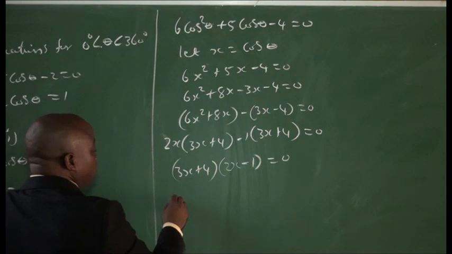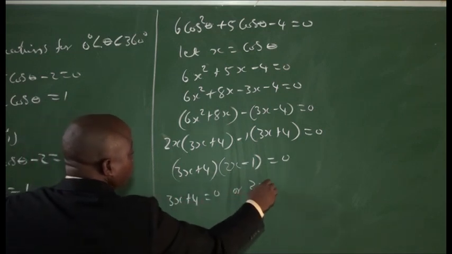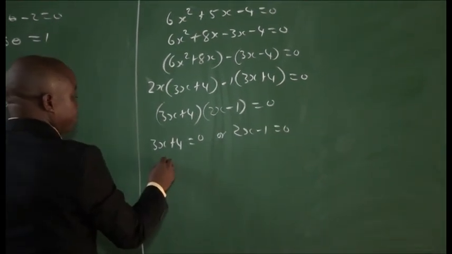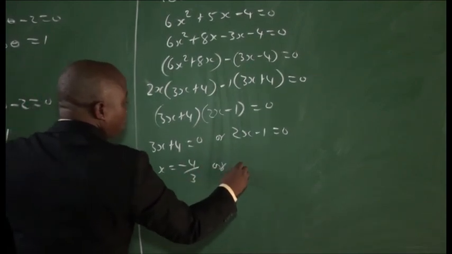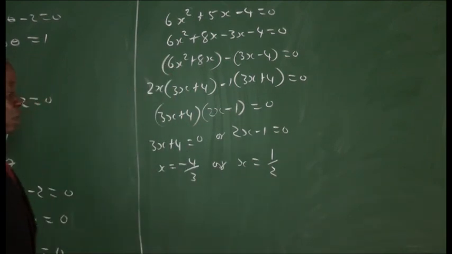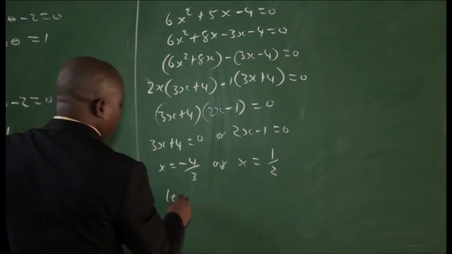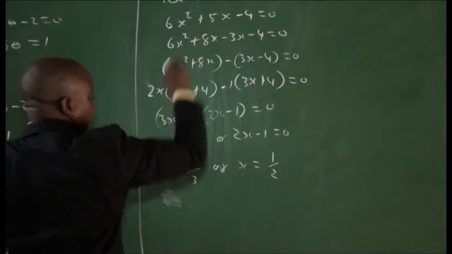All right, so 3x plus 4 equals 0, or 2x minus 1 equals 0, which we can see that x equals minus 4 over 3, or x equals 1 over 2. Now among these, I'm going to let you know that x equals cos theta.